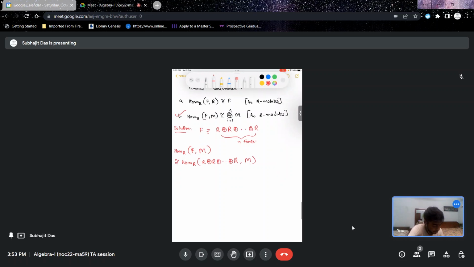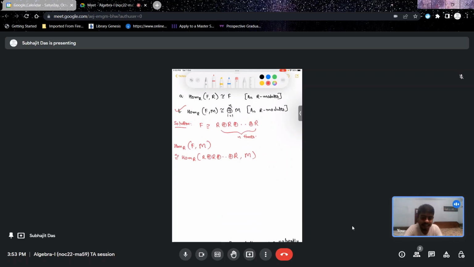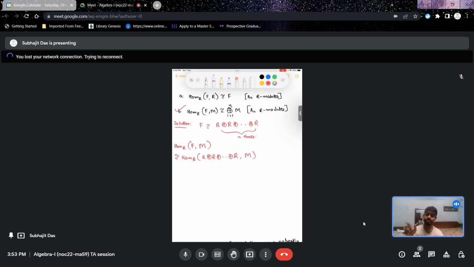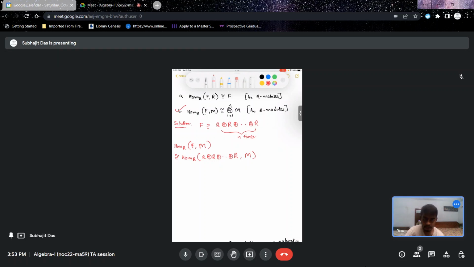Now what is this? As we have already said, direct sums are coproduct constructions. What I mean by this is they are engineered in such a way that they are characterized by maps coming out of them. As I have already mentioned, a map from R ⊕ ... ⊕ R to M is the same as n maps from R to M. Let me repeat this statement.